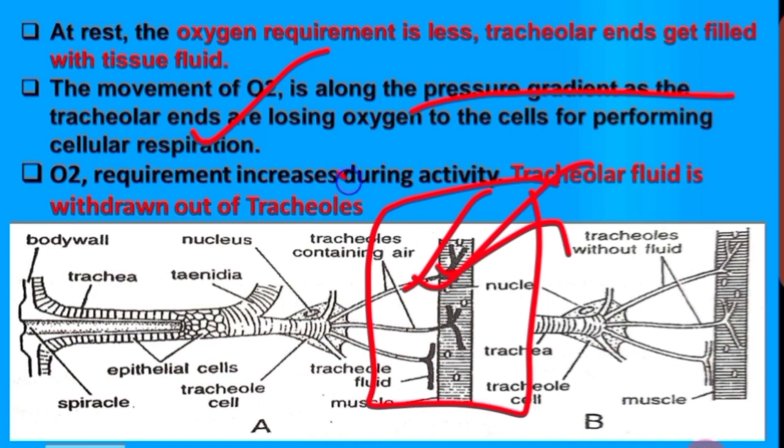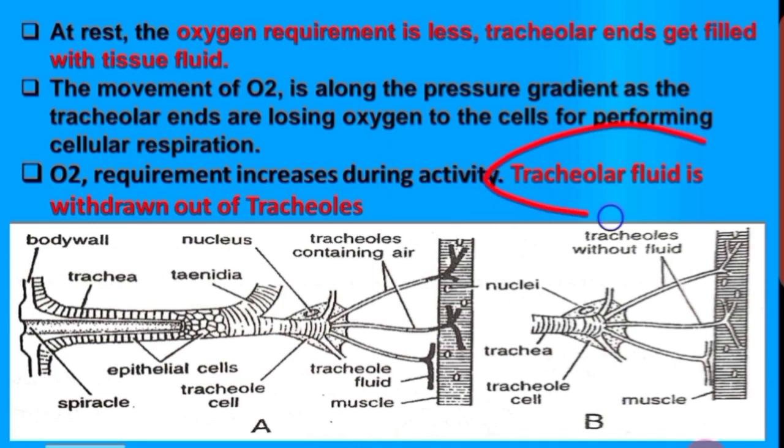Oxygen requirement increases during activity. When the cockroach starts moving, what will happen? At the time of activity, the oxygen requirement will be more. At that time, the tracheal fluid is withdrawn out of the tracheole. At the time of rest, the tracheal end gets filled with the tissue fluid. So, the two concepts: concept number 1, during rest the tracheal ends get filled with fluid.